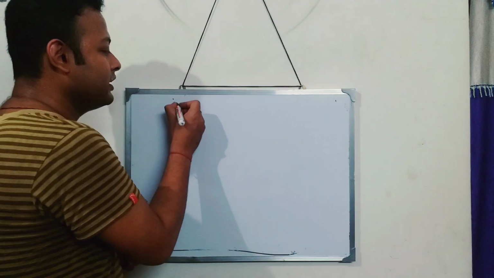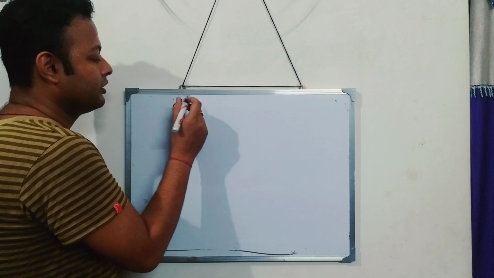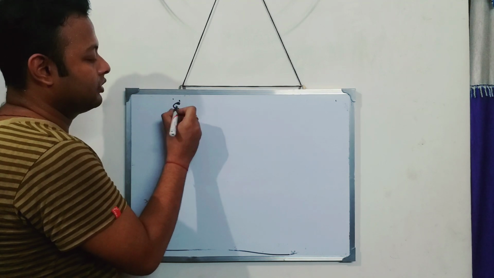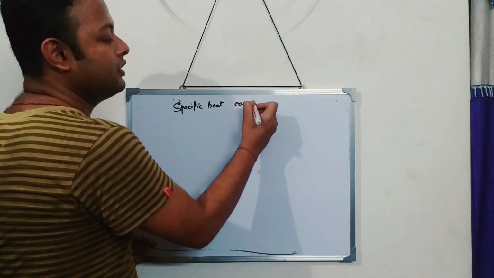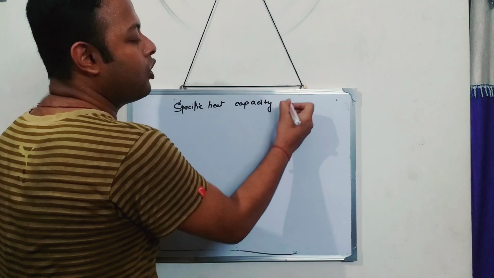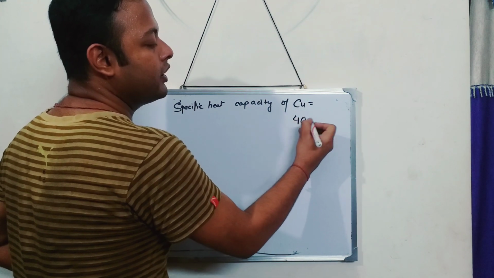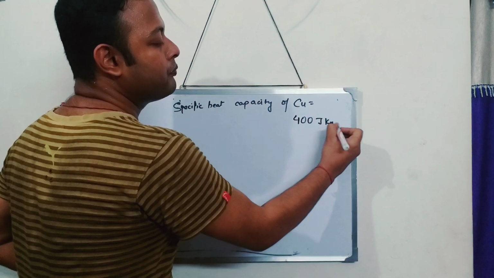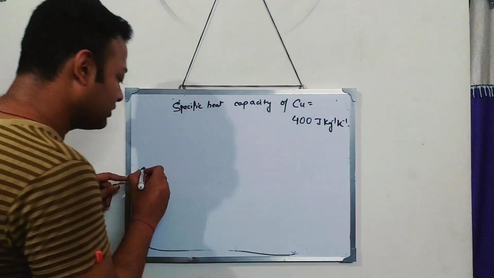So I'm writing: specific heat capacity of copper is 400 joule per kg per Kelvin.